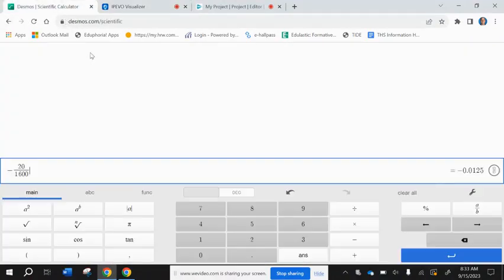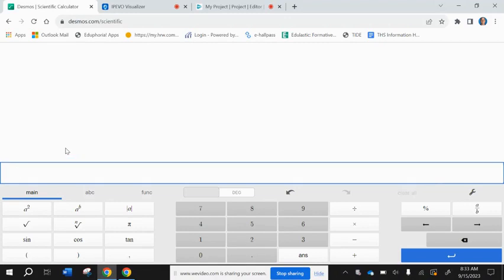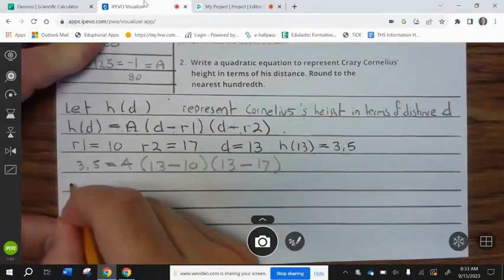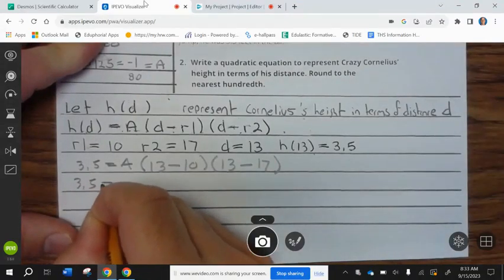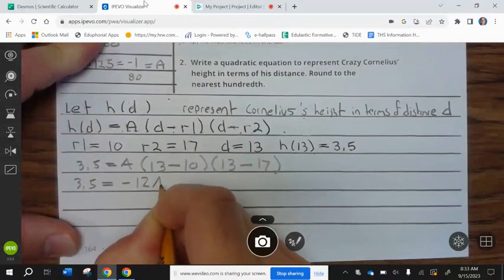So let's go ahead and put that in our calculator. So parentheses 13 minus 10, parentheses 13 minus 17, and that's negative 12. Okay. So 3.5 equals negative 12a.